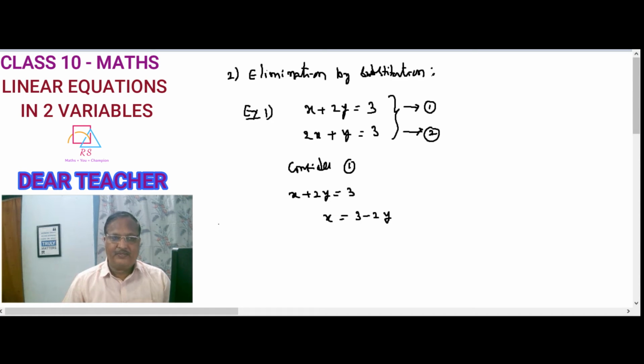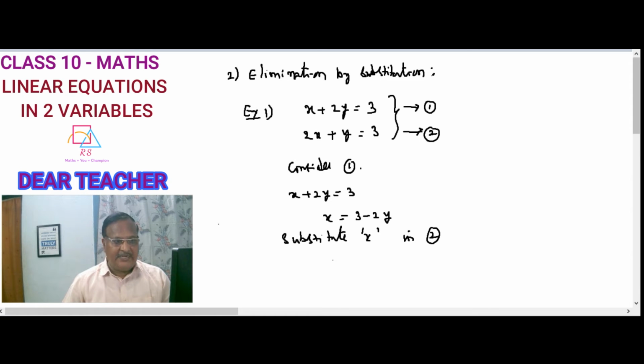Then what will I do? Substitute this x value in the other equation. Here I have taken the first equation, so I have to substitute this x value in the other equation, that means in equation 2.